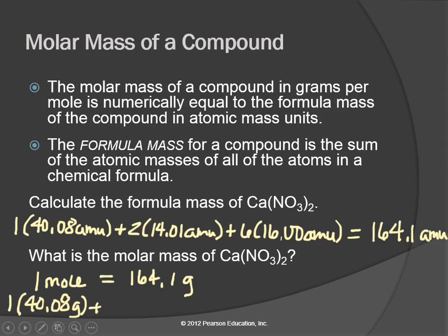And in 1 mole of that compound, there are 2 moles of nitrogen. 1 mole of nitrogen weighs 14.01 grams. And there are 6 moles of oxygen, and each mole of oxygen weighs 16 grams. And so that's how we end up with this number in a different way.